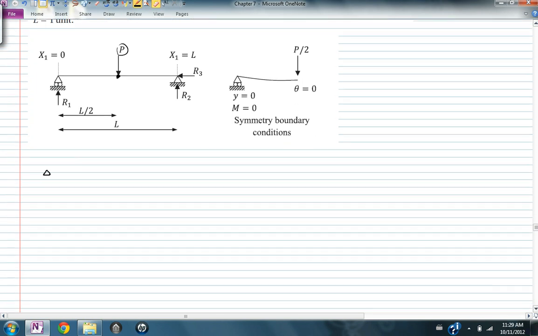For the first part, it has a reaction here, and there is a shear at this point and a moment at this point. I'm going to call this M left, shear left.